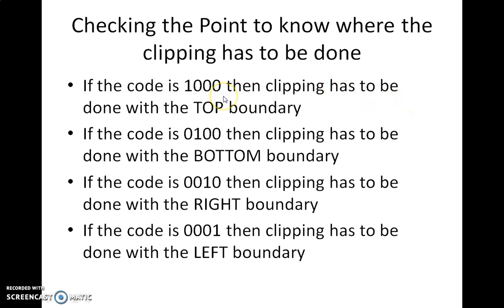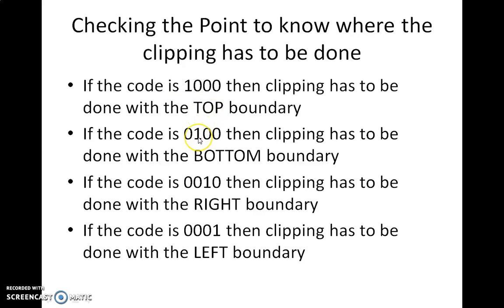So now, we have calculated the slope of the line. So where should we do the clipping part of it? Depending on the code that we have generated, we will be knowing where we have to clip the line. Suppose if it is in the 4th bit position, the line has to be clipped from the given position till the top boundary.